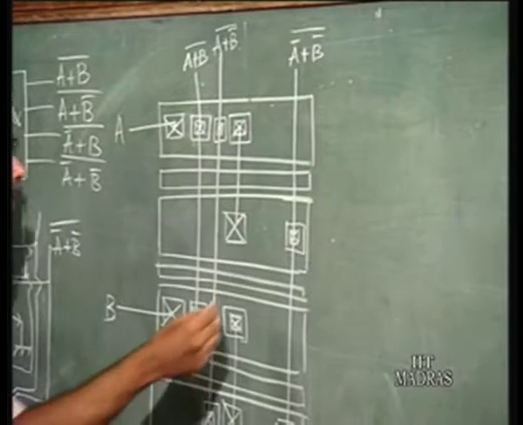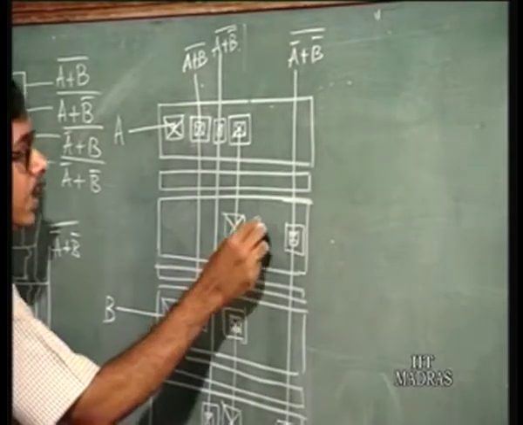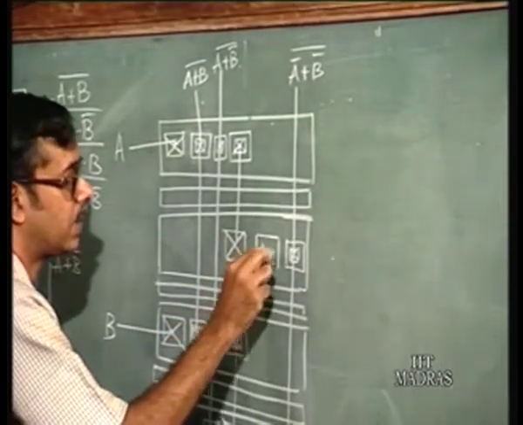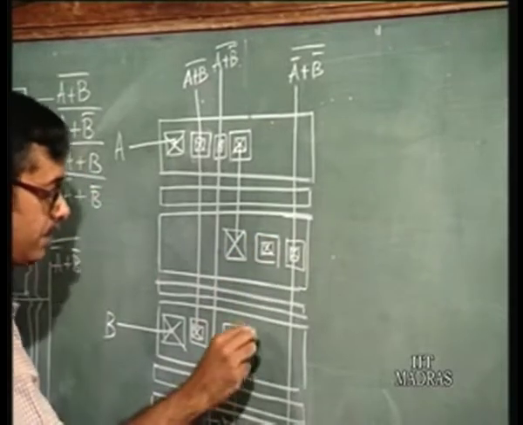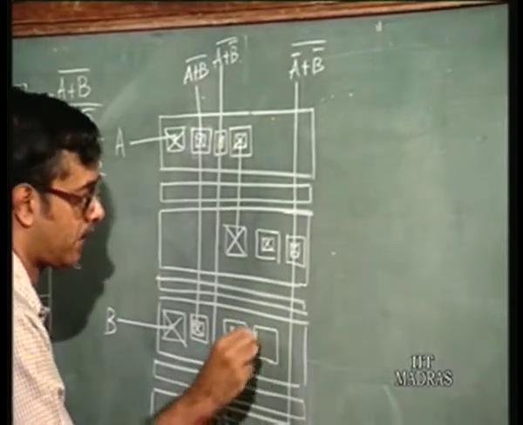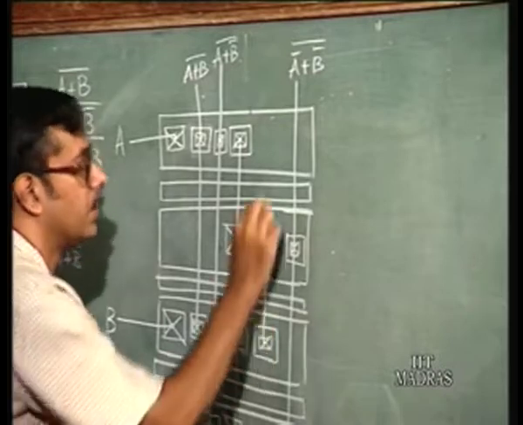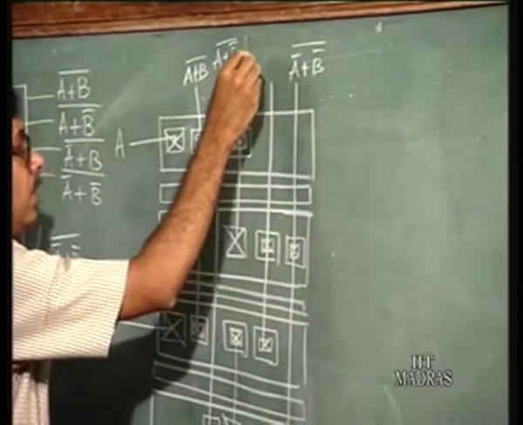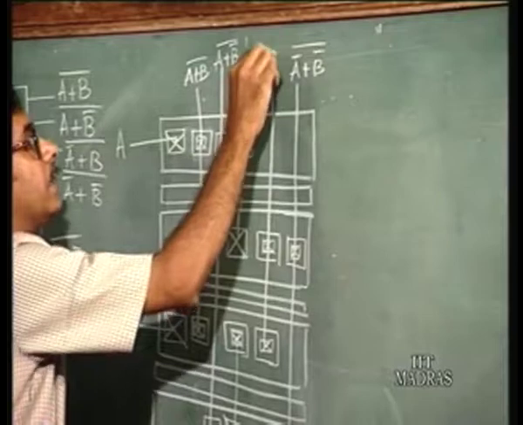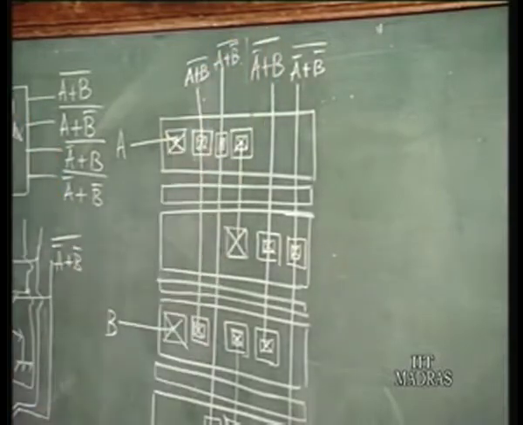The other one, you take one collector from here and from here, so you get the NOR of A bar and B. So you have all the 4 combinations.